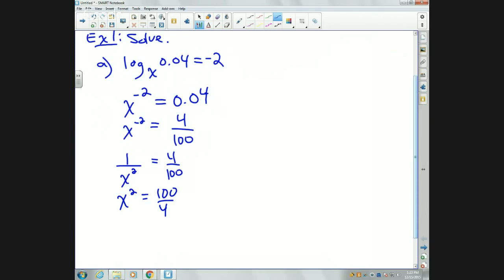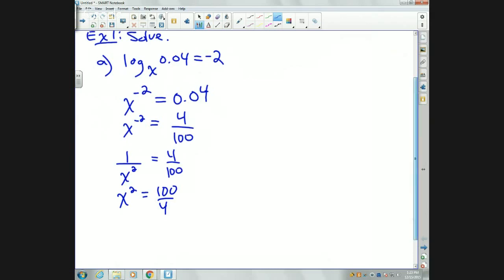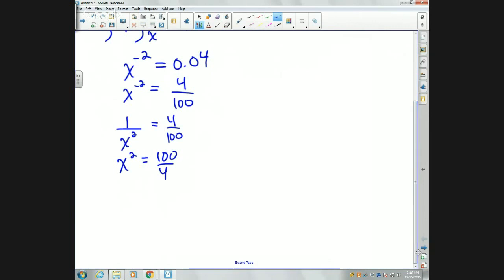We're allowed to flip one side, but if we do that, we better flip the other side. Yeah, we want to find x. So the next step is the square root. Take the root.